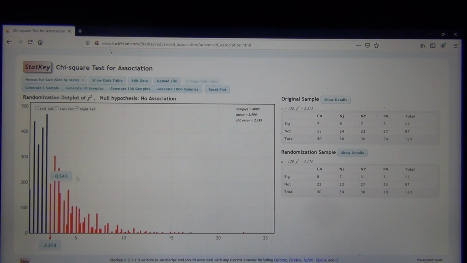I bet we're both in that 50% mark though. So 0.541, a 54.1% p-value. That's a gigantic p-value. It's definitely a lot bigger than our 5% significance level. So this could just be sampling variability. If the null was true, the sample data could have just been the result of sampling variability. If you remember, a high p-value means it could be sampling variability, and we are going to fail to reject the null hypothesis.